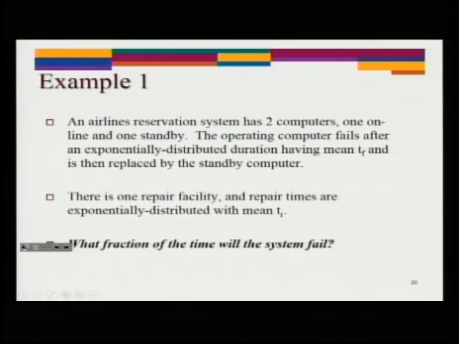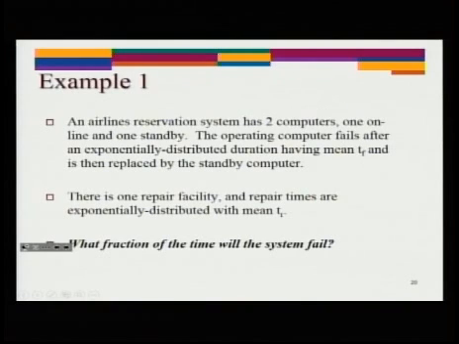Okay, so let's read the problem description together. An airline reservation system has two computers, one online and another standby. When the operating computer fails, after an exponentially distributed duration having mean time t sub f, the failed computer is replaced by the standby computer, right?